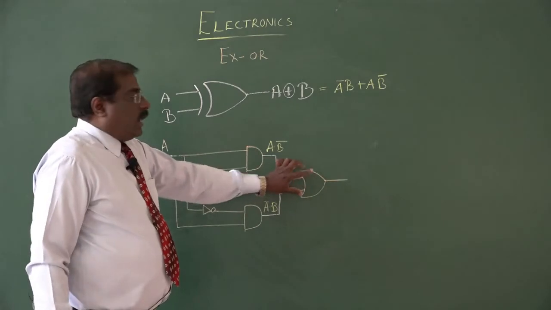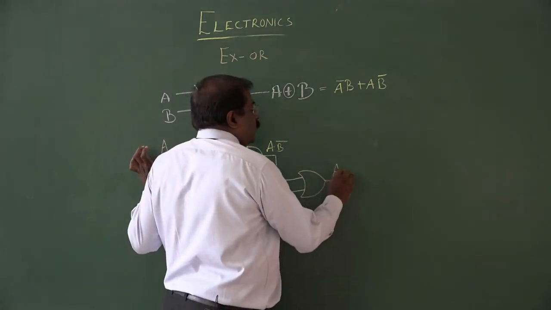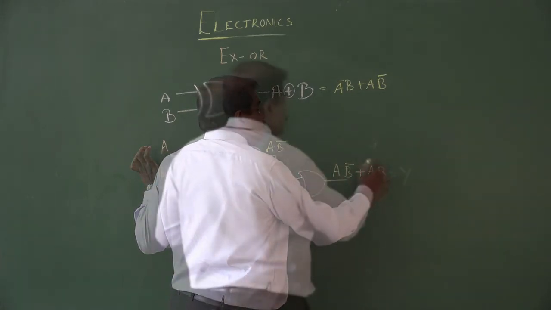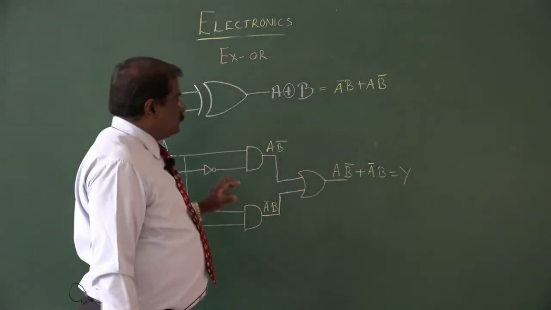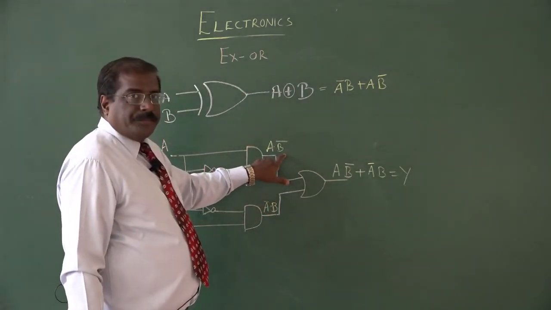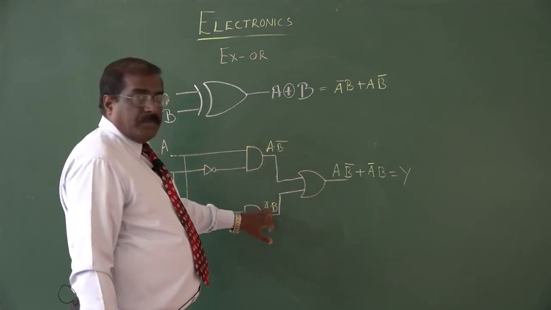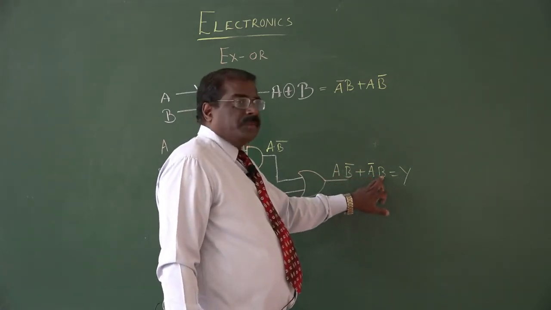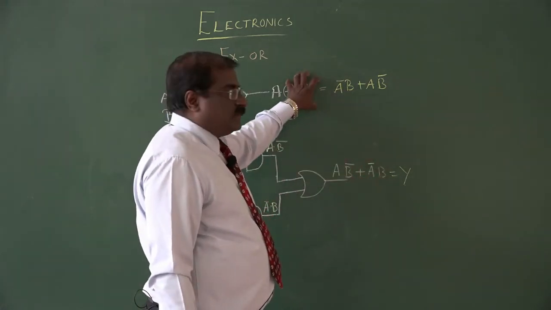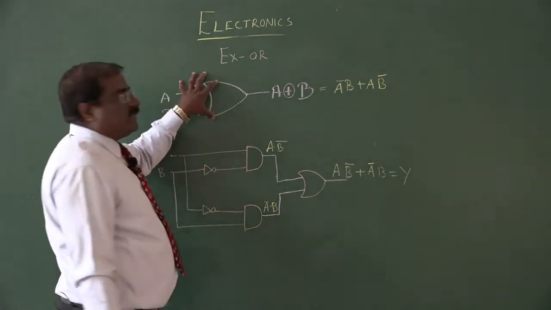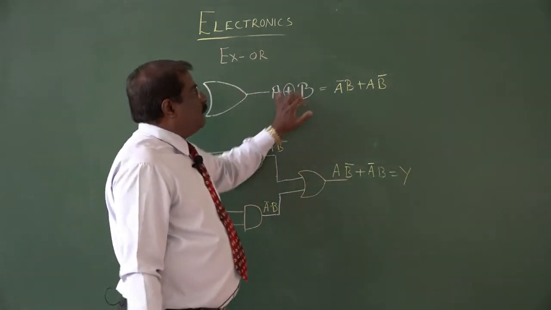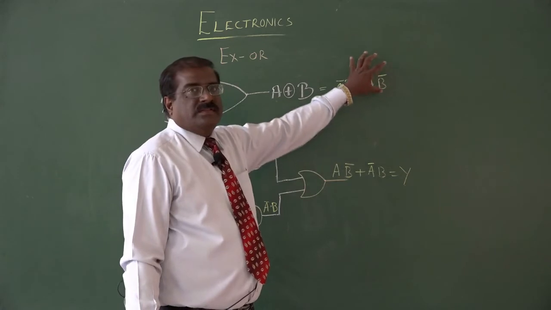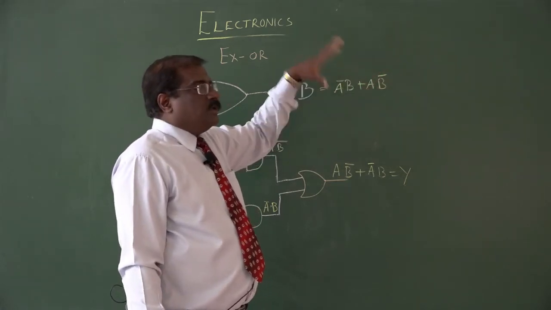Both are connected to an OR function, that is A B bar OR A bar B. So A B bar plus A bar B, this function can be realized using basic gates. Once more I will tell you, the XOR function A XOR B can be realized as A bar B plus A B bar. This XOR function can be realized using the basic gates.